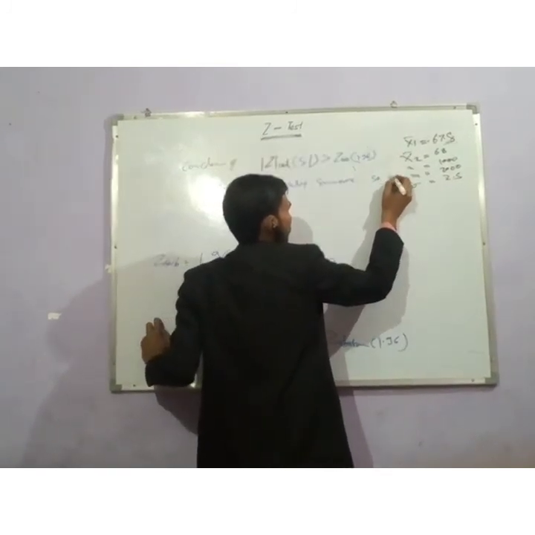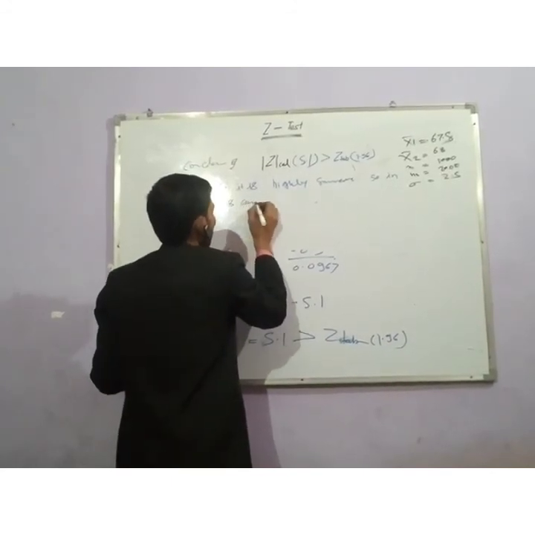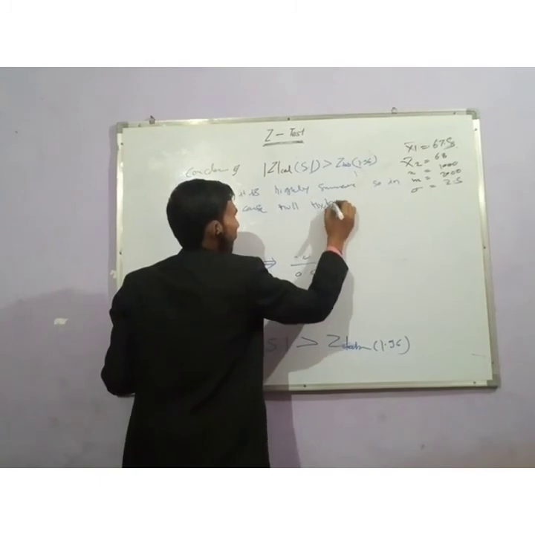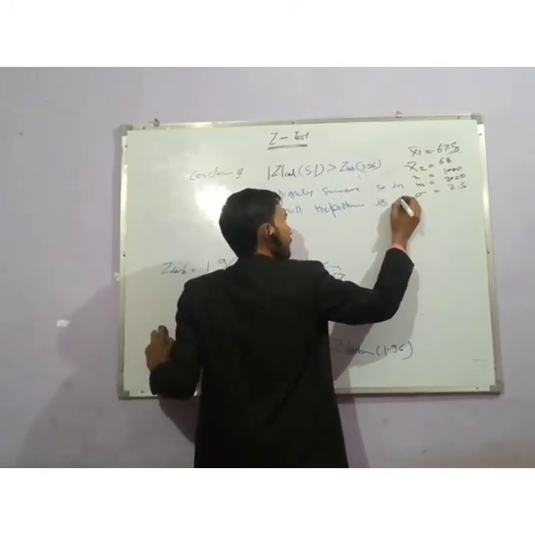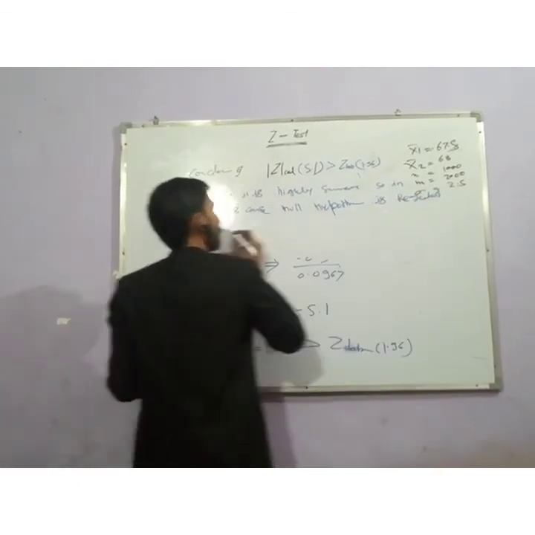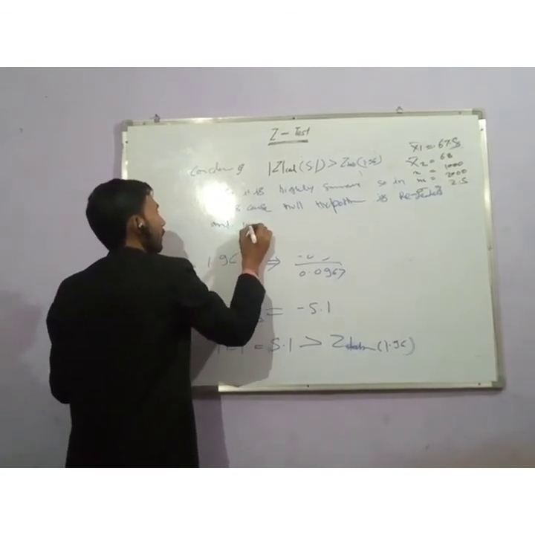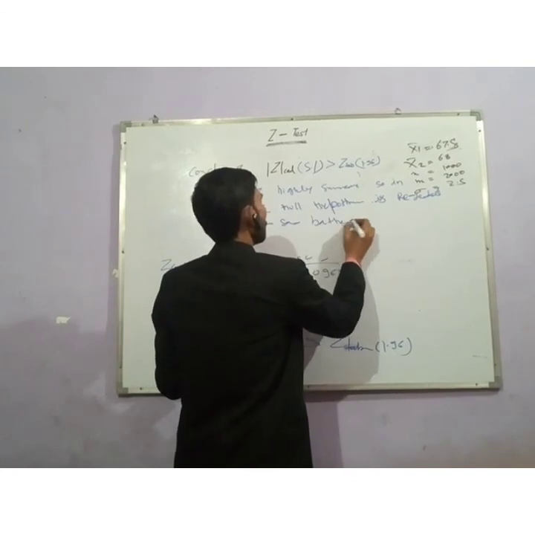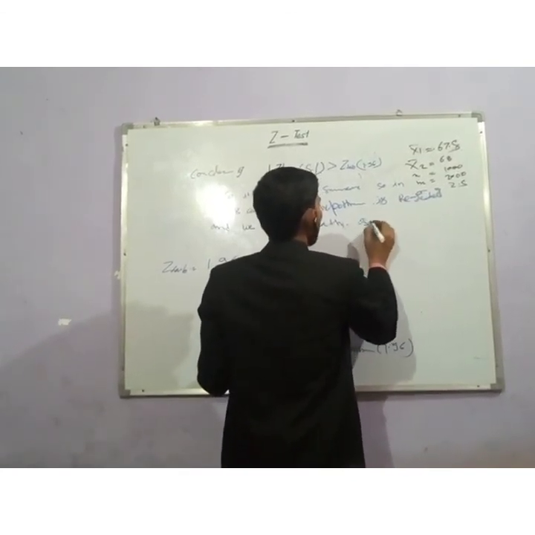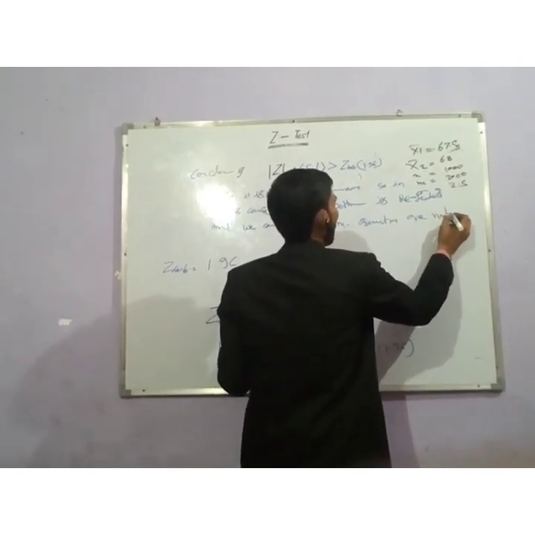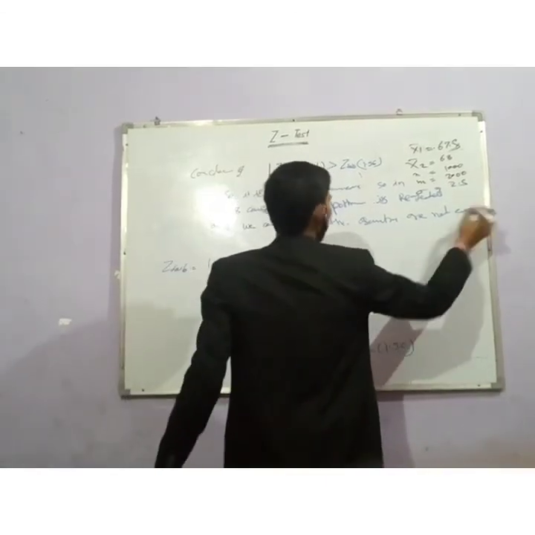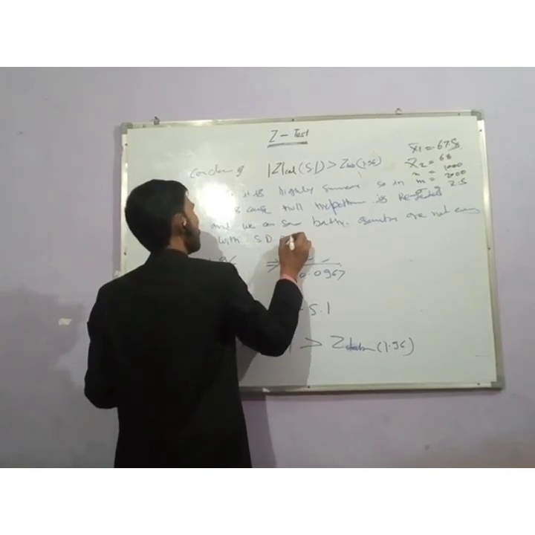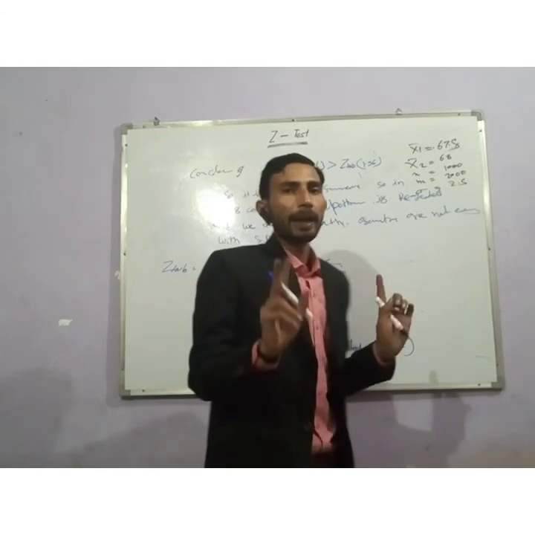So in this case the null hypothesis is rejected, and we can say both samples are not equal, with standard deviation 2.5.